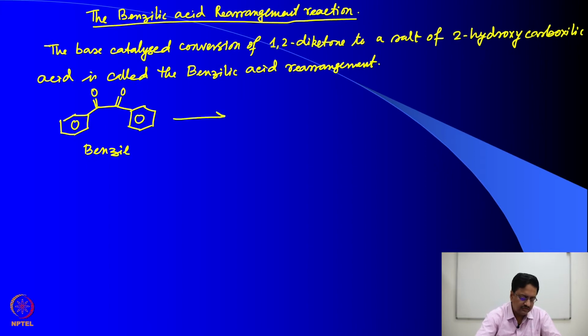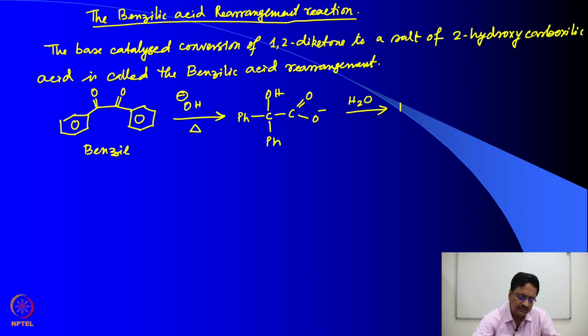When this is treated with a strong base at higher temperature, what one gets is a carboxylate like this, which then by treating with water forms this alpha hydroxy carboxylic acid, which is called benzylic acid.